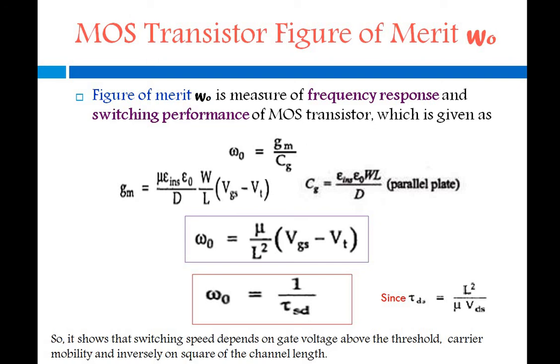Then we saw GDS, the output conductance, which is completely dependent upon the length of the channel. Then the figure of merit gives the measure of frequency response, how much frequency response you are getting whenever you are doing the fabrication process or preparing an IC, and switching performance.